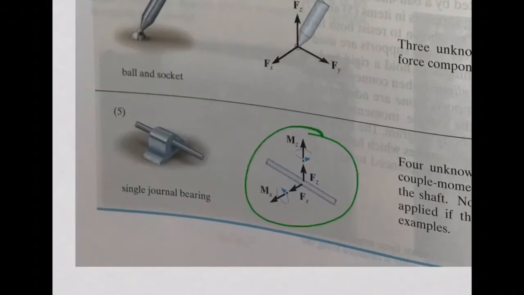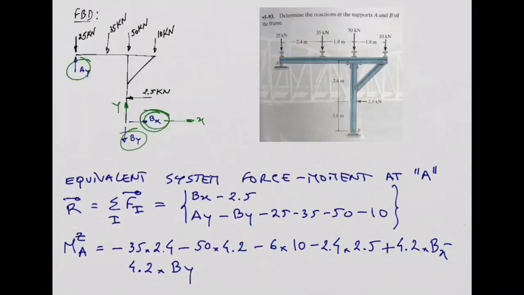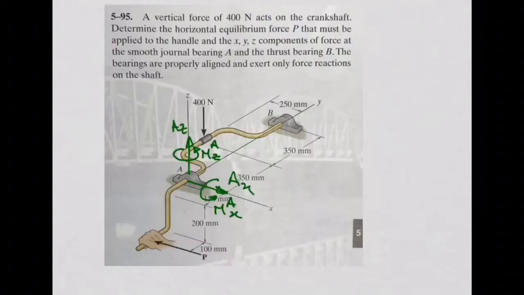You agree with me? So what I'm trying to do, basically, I'm trying to isolate my crankshaft from these two supports, A and B. Basically, I'm breaking up the connection between the supports and the crankshaft. So it means I need to replace the supports with the reactions. Okay? And if you do that, you get these kind of reactions that are here in green. Okay?